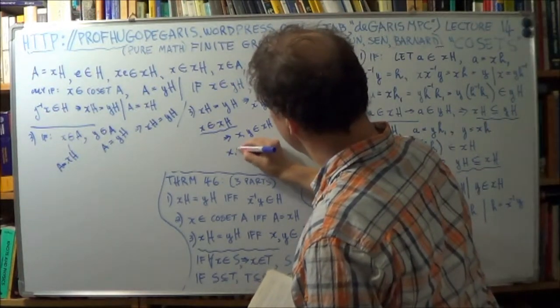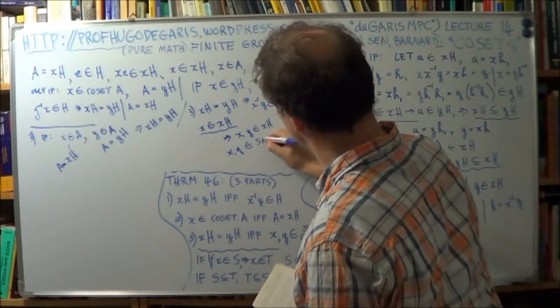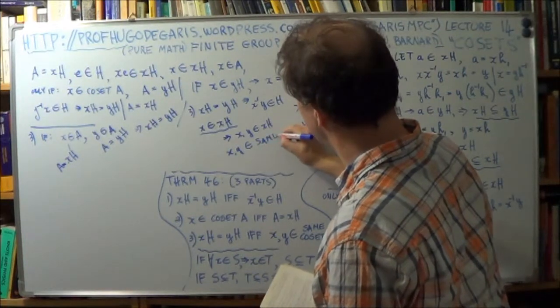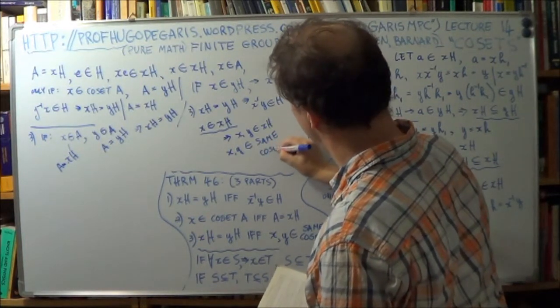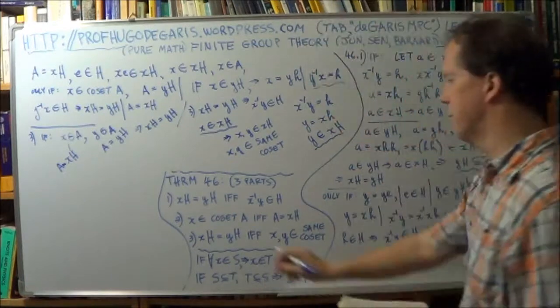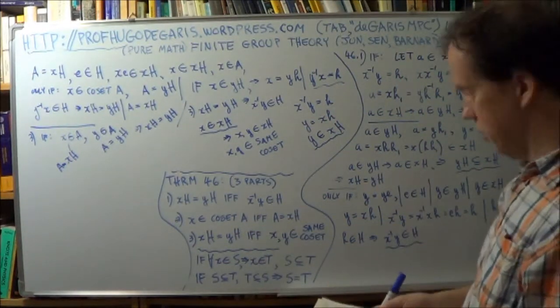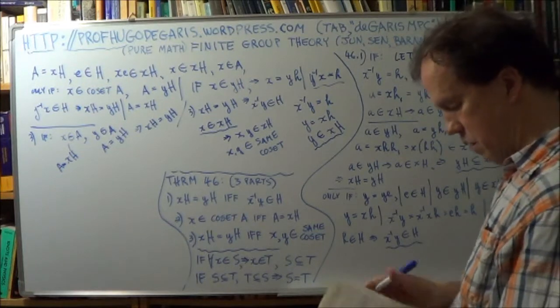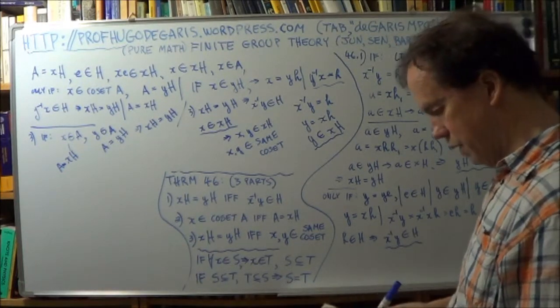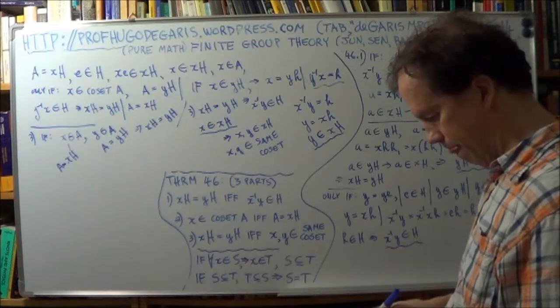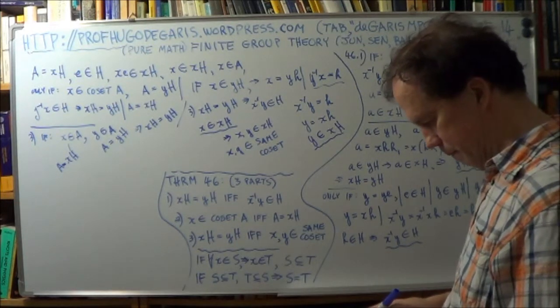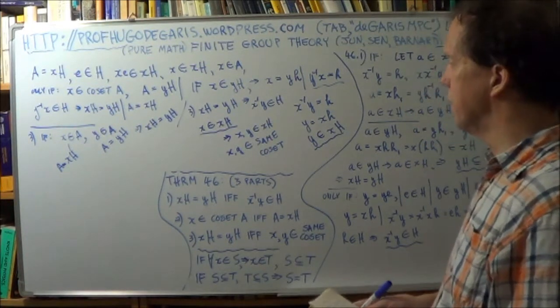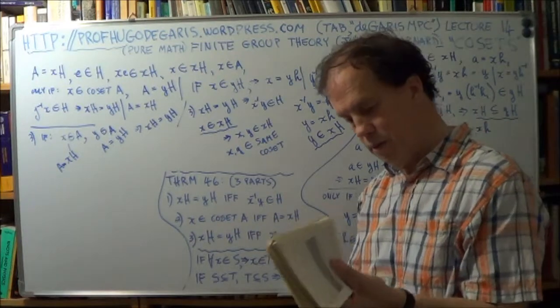So that means x and y belong to the same coset. So we've done all three, right? Yeah, like I say, quite a bit of dense reasoning. So I'll stop here.